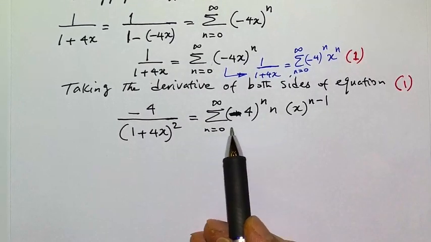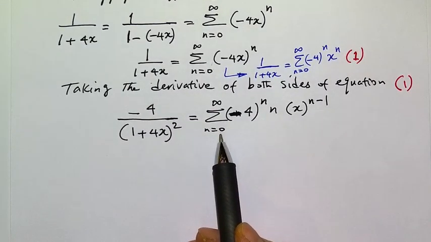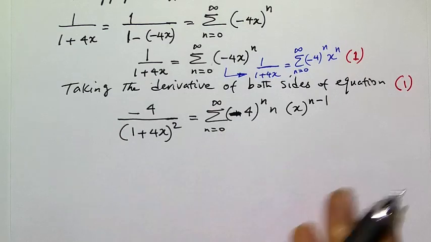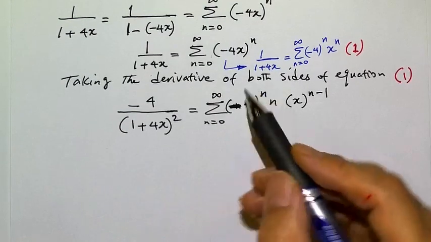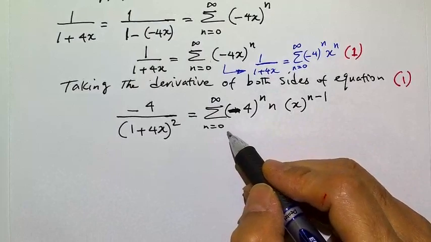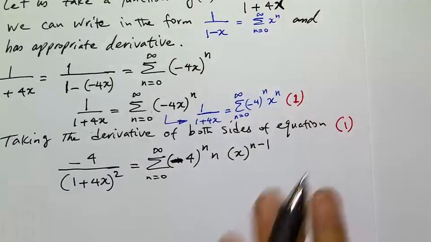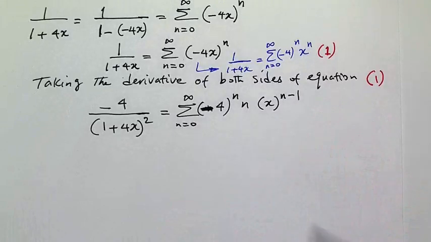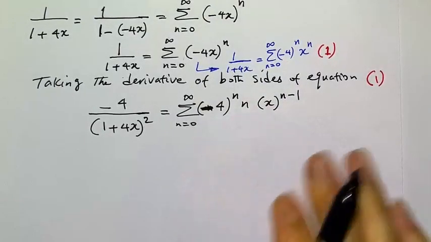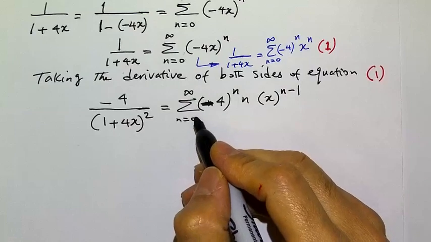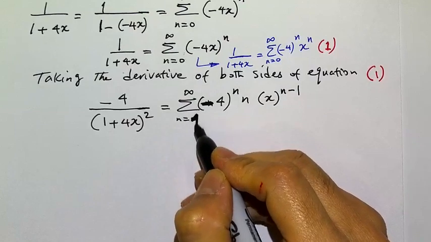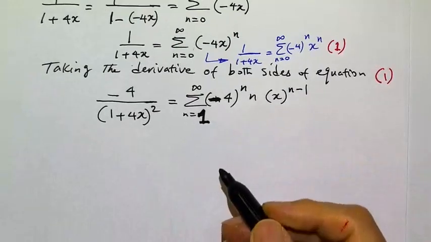Now let's see how we can simplify this. By the way, I need to correct myself here, and I'll do that maybe with a thick Sharpie. Since we take the derivative, this has to increase by 1 for the first derivative. So n equals 1 there.